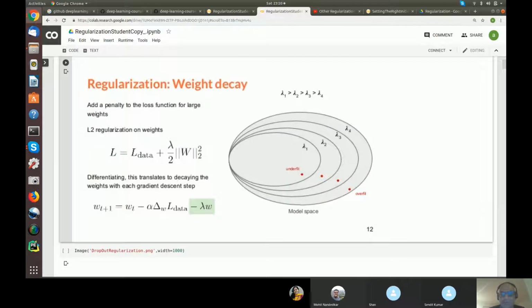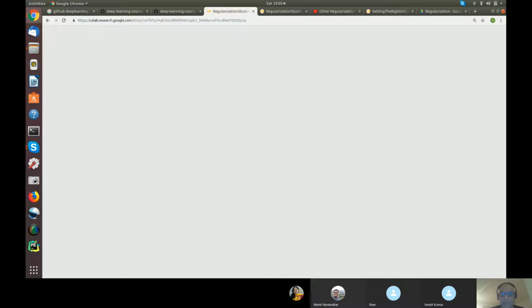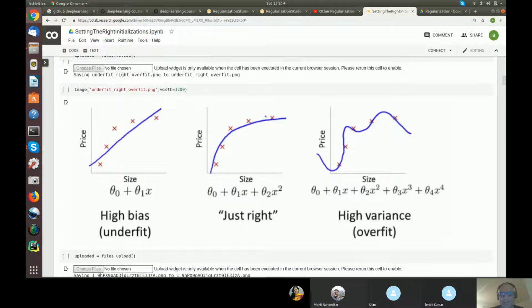So we want to balance that with this term, which is nothing but taking the square. In this case, we have these thetas 0 to theta 4, taking the square of each of them and adding them up.